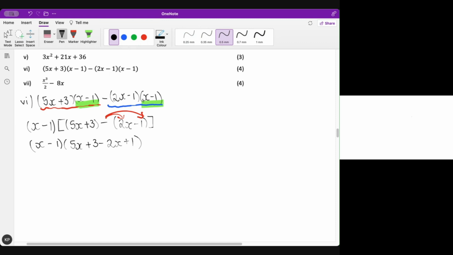And what that did is now gave us our like terms that we can simplify. So now we're left with 5x minus 2x. How much is 5x minus 2x? That is 3x. And 3 plus 1 is plus 4. And we're done.